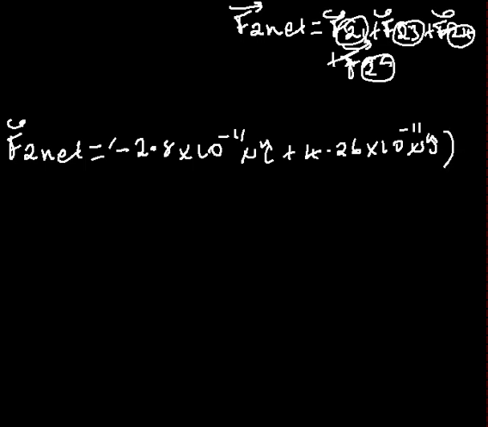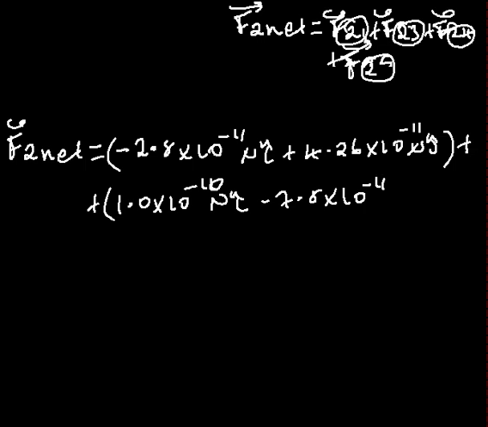I should have that understood. On the case of F23, we have positive 1.0 times 10 to the power negative 10 newtons along x, and minus 7.8 times 10 to the power negative 11 newtons along y.